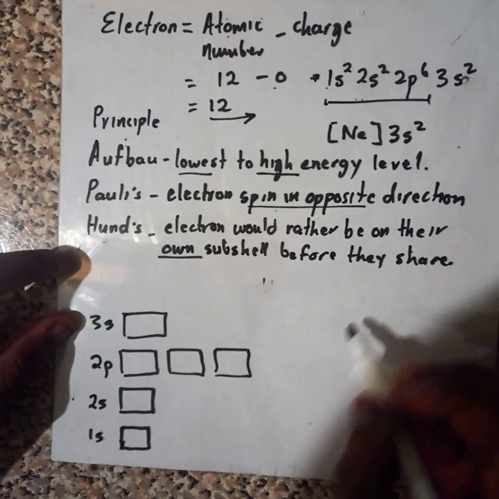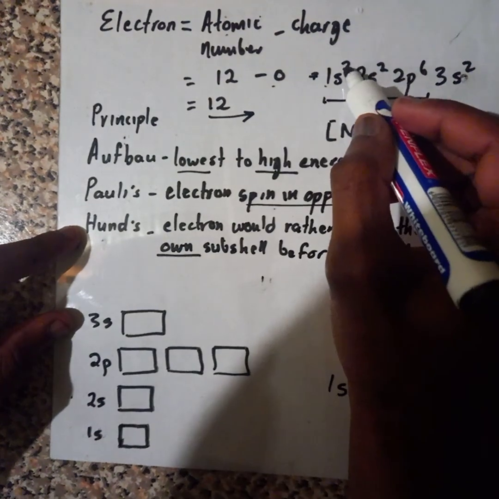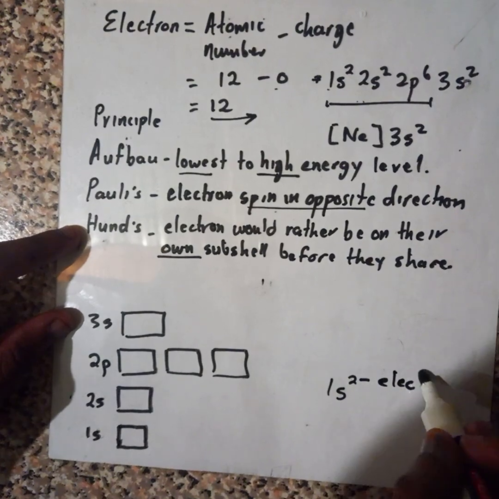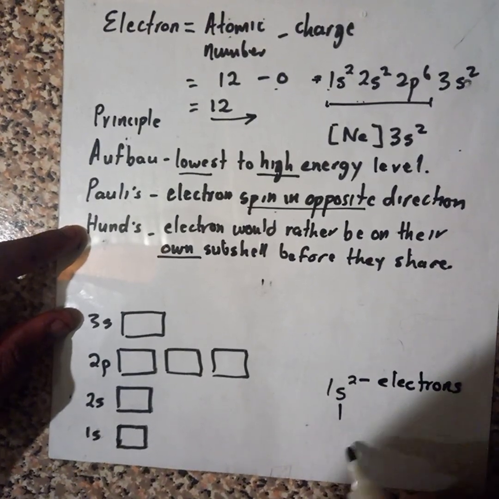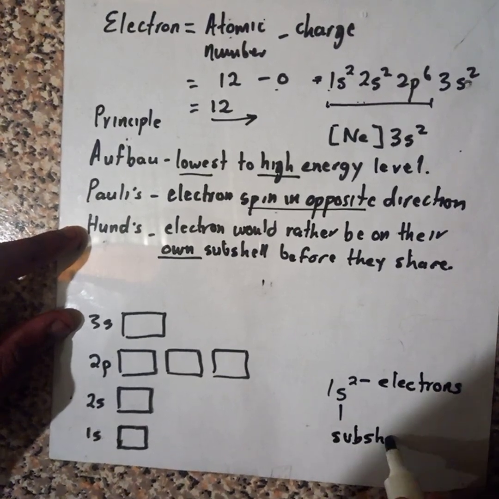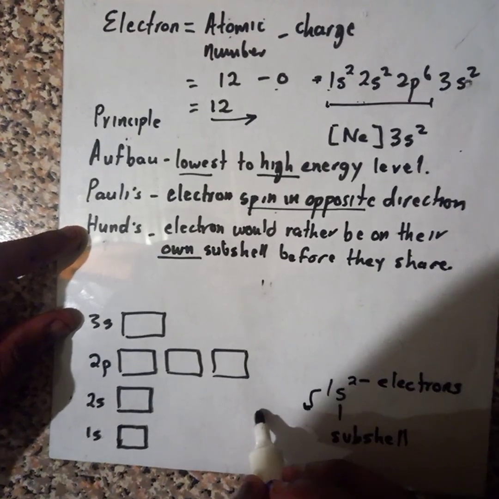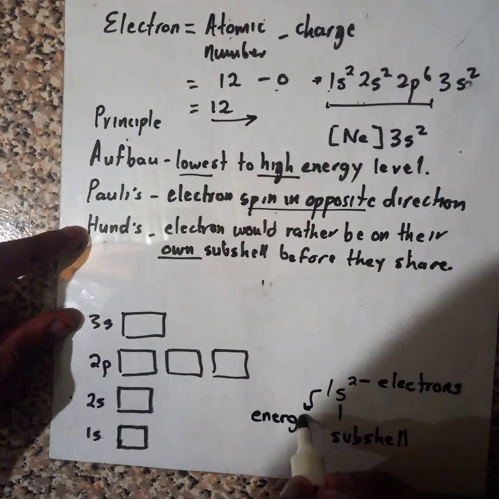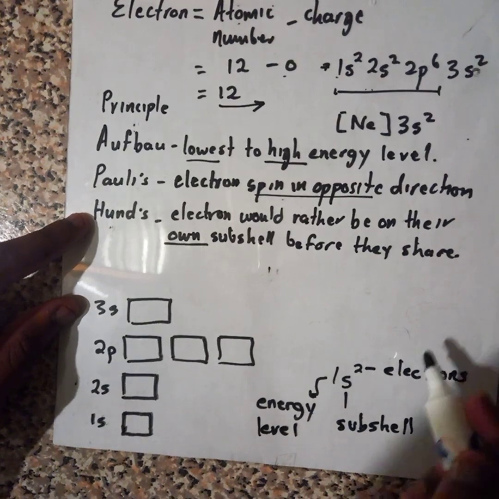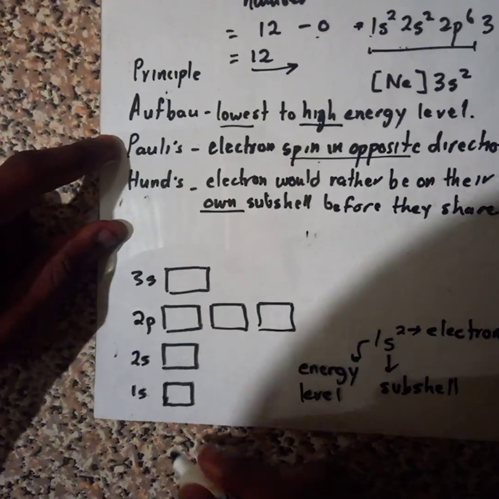Then okay, we have these numbers. Let me take this one, which is 1s, and these small numbers here. These numbers represent electrons. This one a subshell, or an orbital. Then this one represents what? Energy level. Then we have electron, subshell, energy level. Now let us fill our subshells.